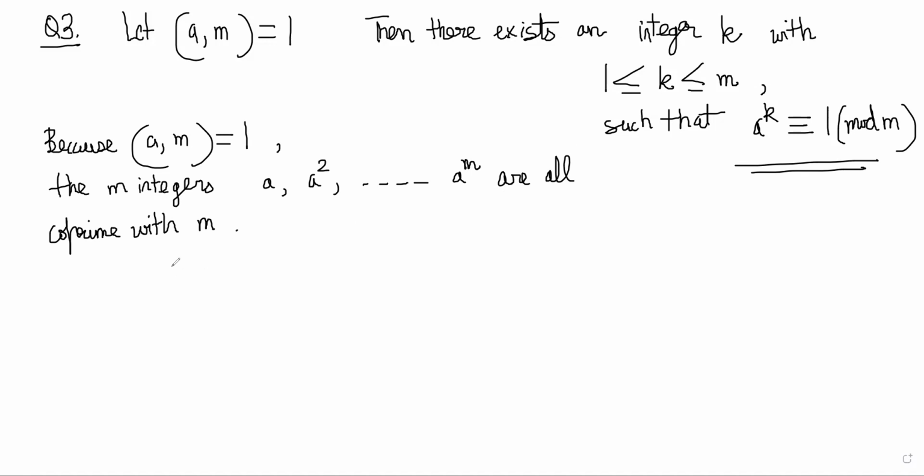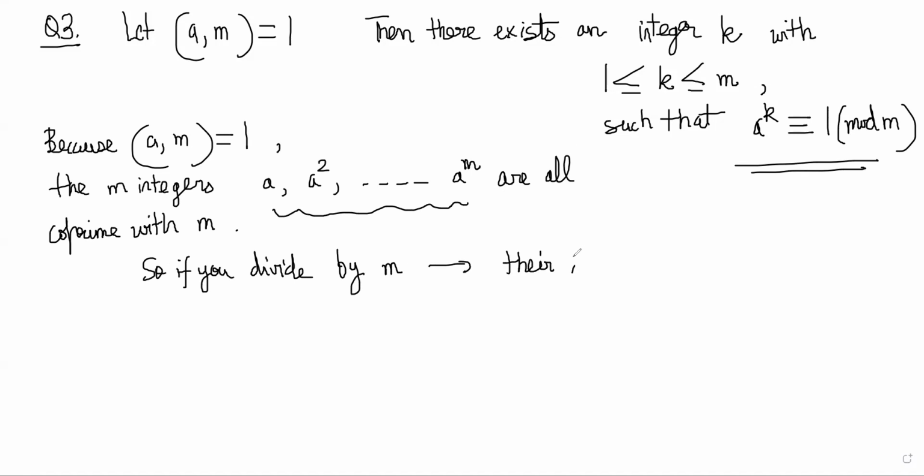So if you divide all of these integers by m, these are m integers, and their remainders should form a complete residue system, 0, 1, 2, till m minus 1.